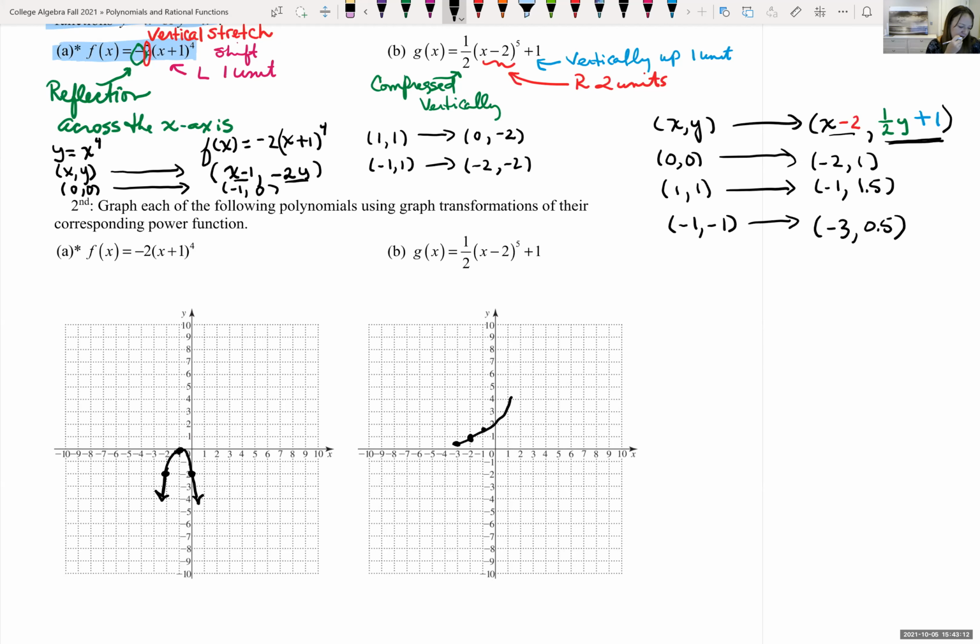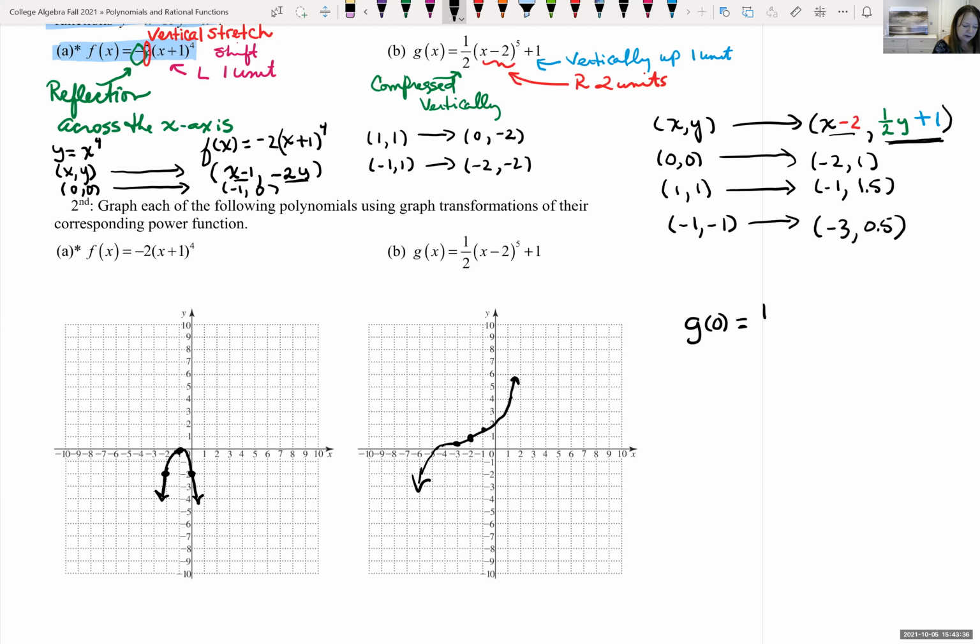I'm just trying to think to myself. We could get a little more accurate, right, by looking at our x-intercepts and our y-intercept. g of 0, when x is 0, is going to give me my y-intercept.